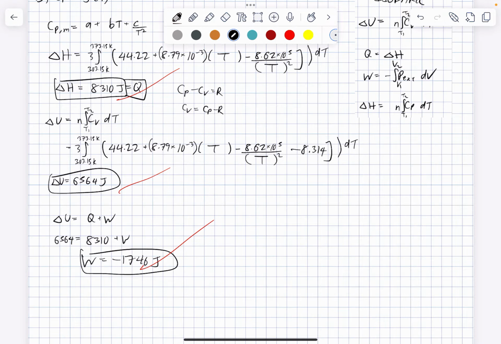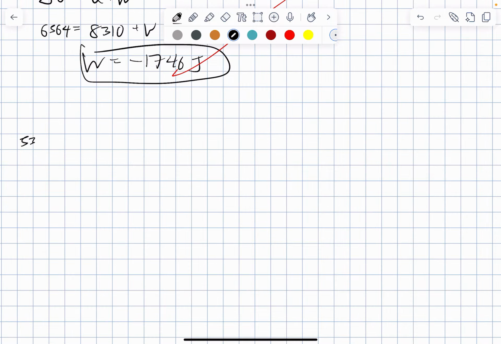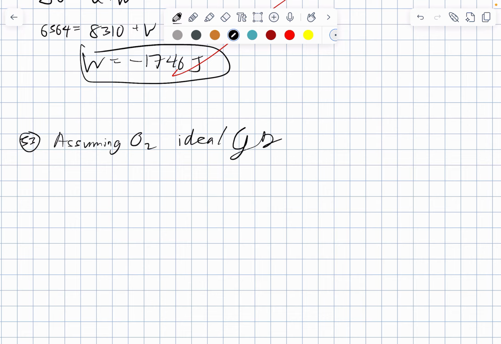Okay, we're done with example 52. Now 53. Assuming oxygen is ideal gas, calculate work done by, that is what?